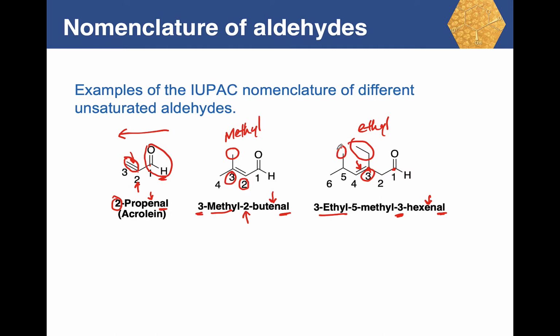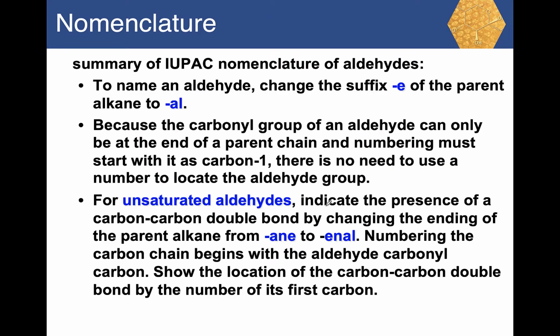Here's a methyl group, and it's on carbon number 5, and here's that 5 for the methyl. Notice again that we have a hyphen that's used to separate letters from numbers, or numbers from letters. Please include those.